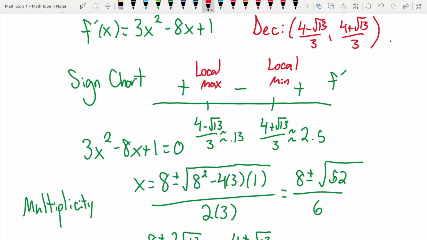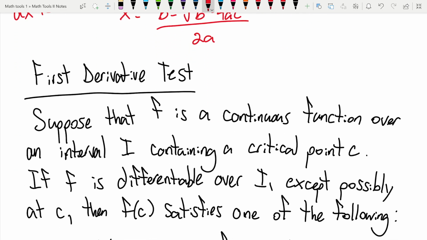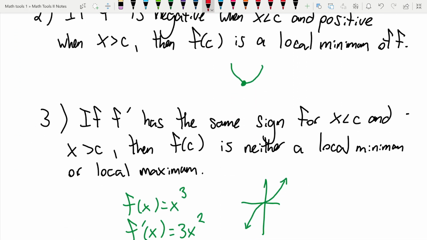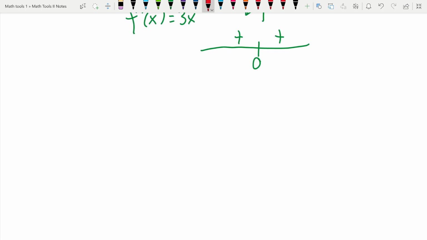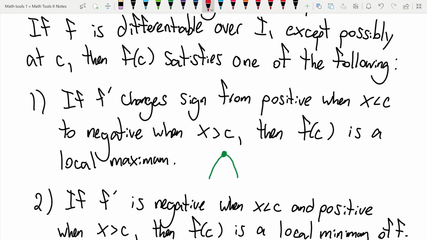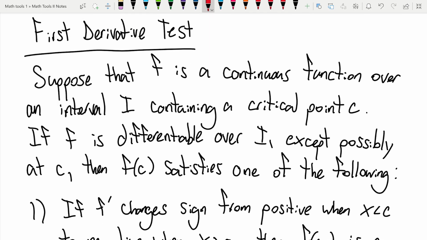So let's go ahead. We can do some more examples here. And note that the criteria here for the first derivative test does indeed require f to be a continuous function.